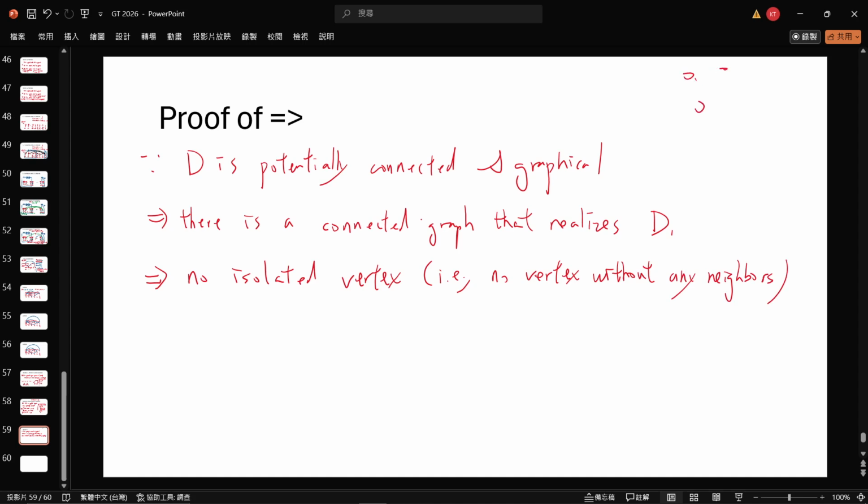For example, if this is a graph, then this guy here is isolated. And if there's no isolated vertex, then all degrees must be at least 1.